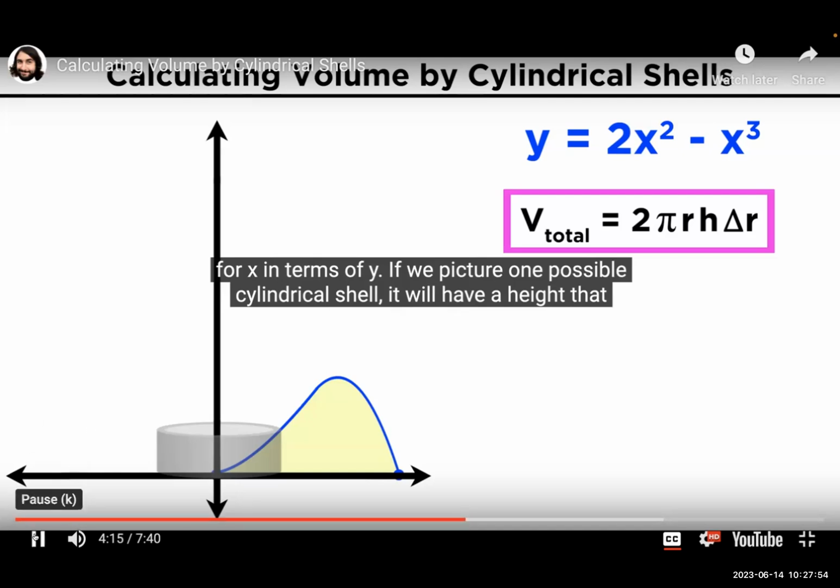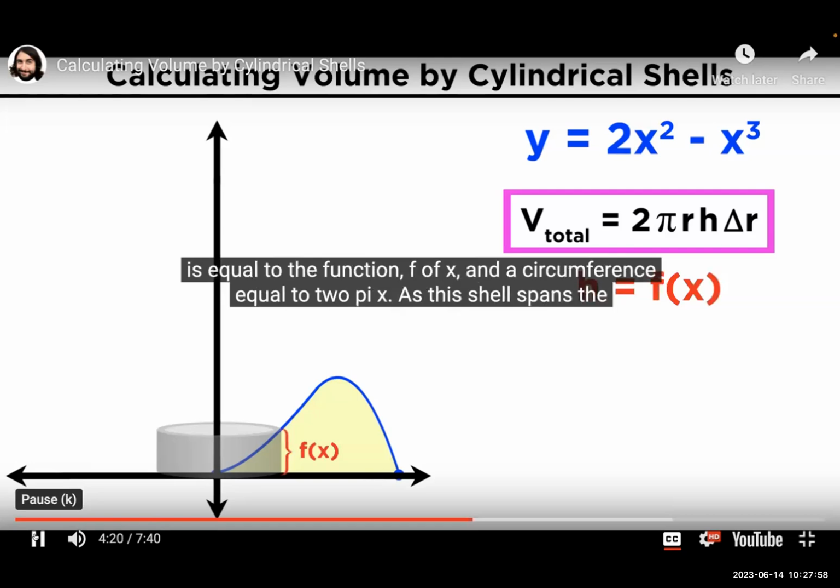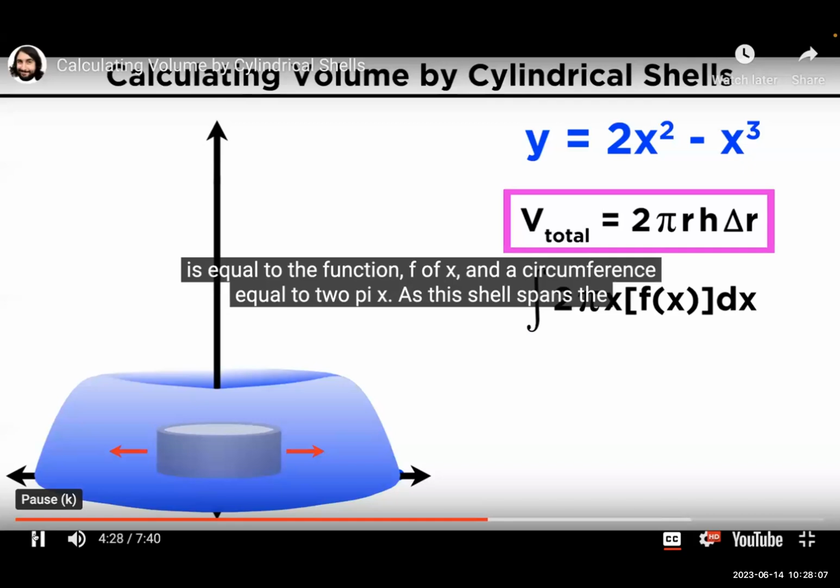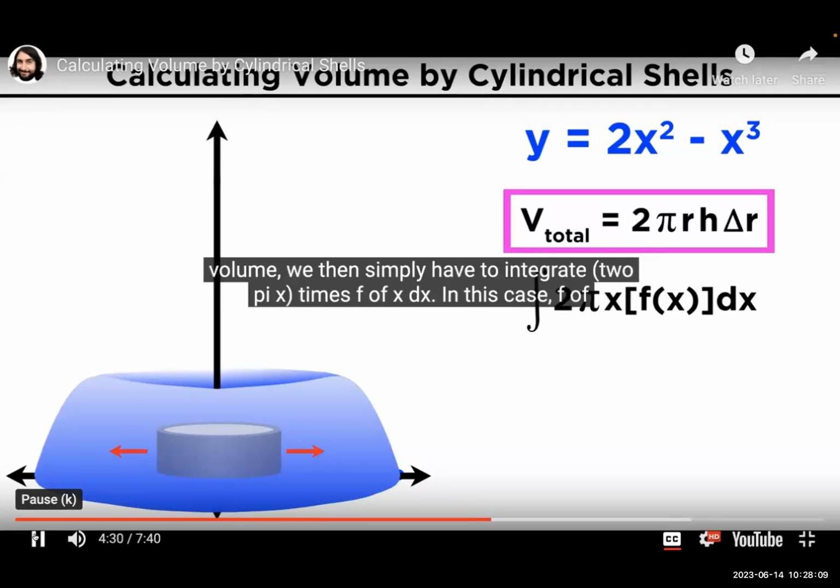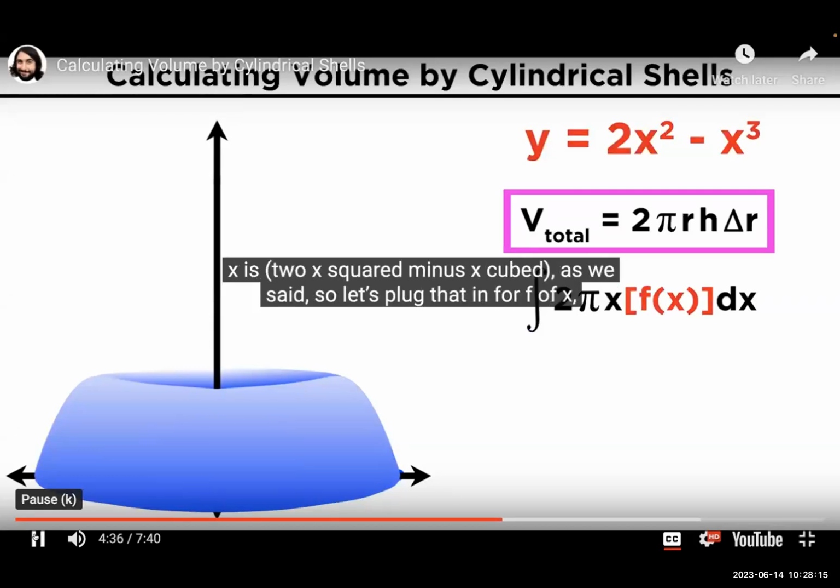If we picture one possible cylindrical shell, it will have a height that is equal to the function f of x and a circumference 2 pi x. As this shell spans the volume, we then simply have to integrate 2 pi x times f of x dx. In this case, f of x is 2x squared minus x cubed, as we said.